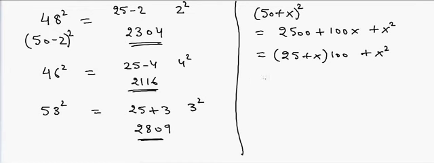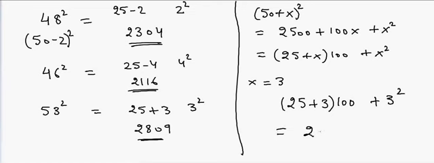So now as you can see, if x is equal to 3, then what I'm doing is I'm adding 25 plus 3, right, and then I'm adding 3 square, so the answer is equal to 2809. So this is how this trick works. It's based on a plus b whole square.